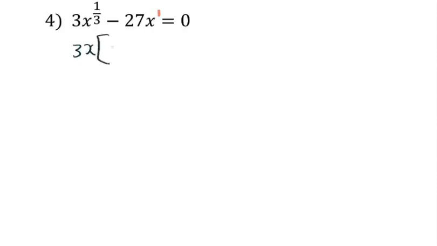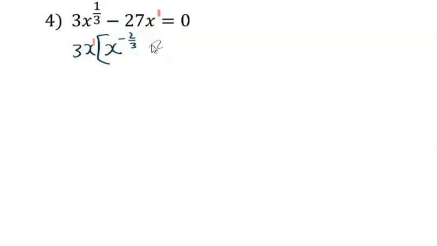So then in the bracket that's remaining for the first term, I must have x to the minus 2/3, because here I have x to the 1. And minus 1 minus 2/3 gives me 1/3 again.